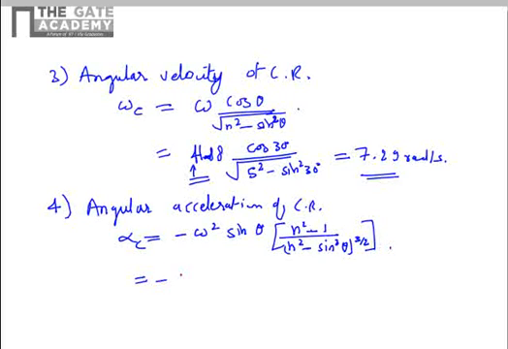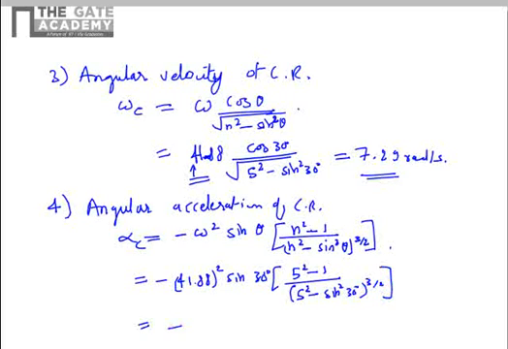We will substitute our values. Omega is 41.88 whole square, sine of 30 degree, n is 5, square minus 1. The denominator will be 5 square minus sine square 30 degree whole to the power 3 by 2. You get a value of minus 170.93 radian per second square.